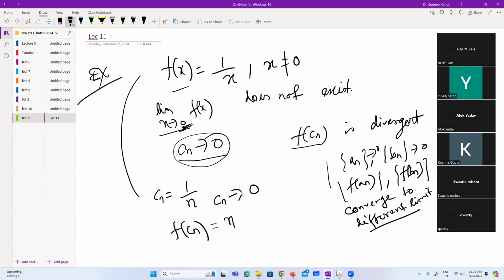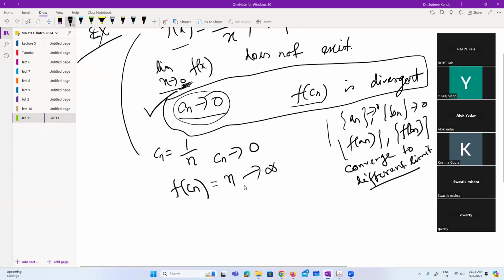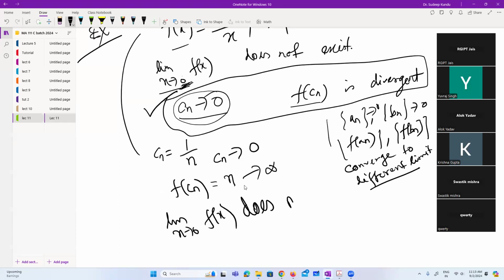So does the sequence f of c_n converge? It diverges. Now you have understood? Yes. So the limit as x tends to 0 of f of x does not exist.